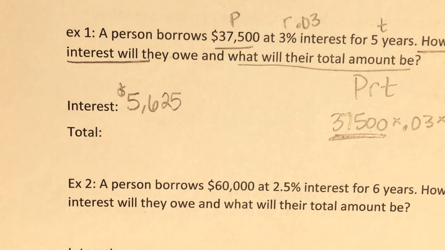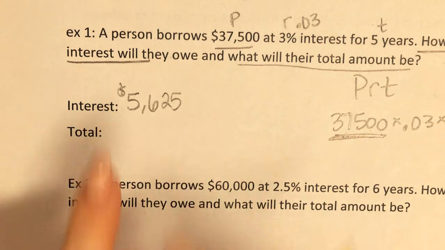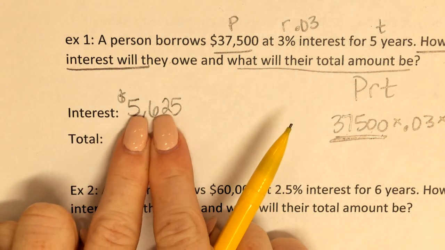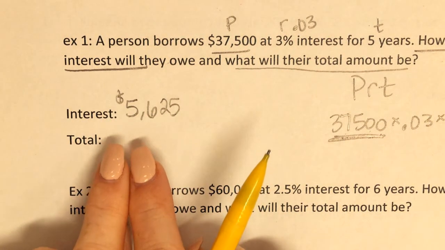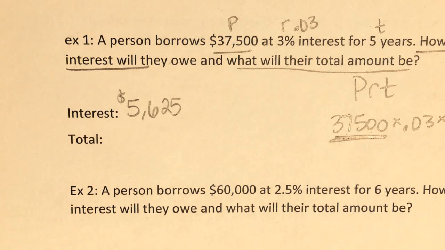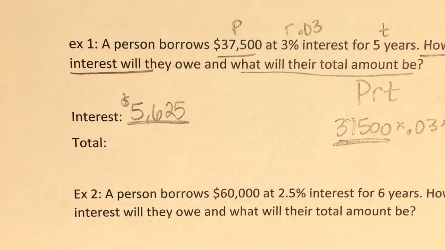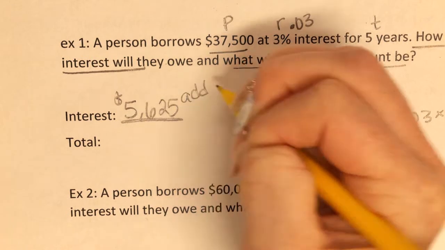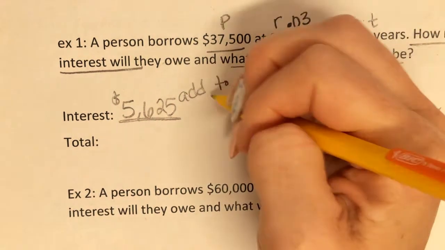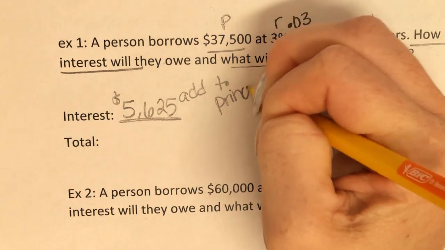Okay, I borrowed $37,500. The bank is going to charge me this much in a fee. How would I find what I'm going to owe all together? What am I going to do? Add them together. So once you have this answer, you're simply going to add this back to the original amount. So add to the principal.